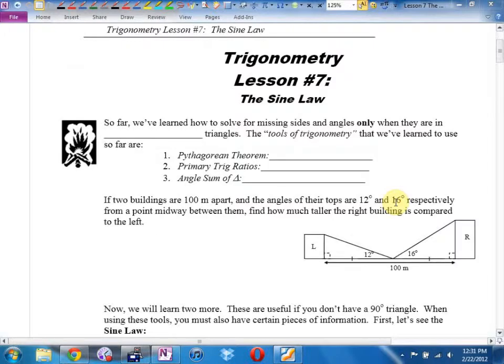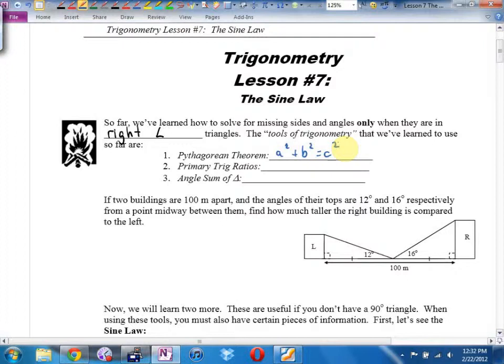So far, we've learned how to solve for missing sides and angles only when they are used in right angle triangles. There had to be a 90 degree. The tools that we had on our tool belt so far were Pythagoras, a squared plus b squared equals c squared.